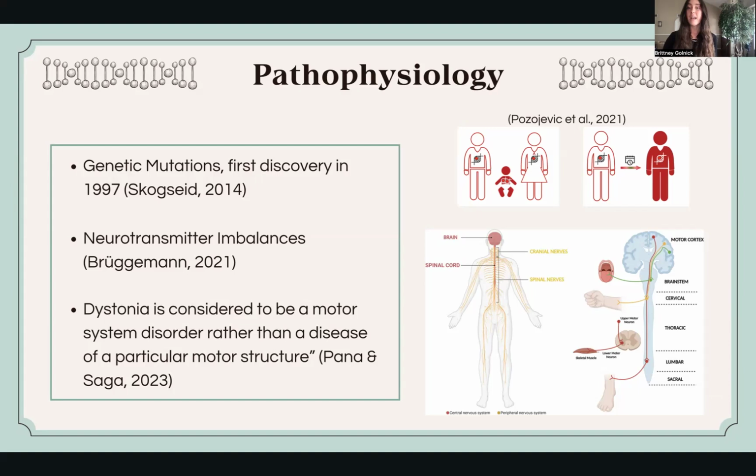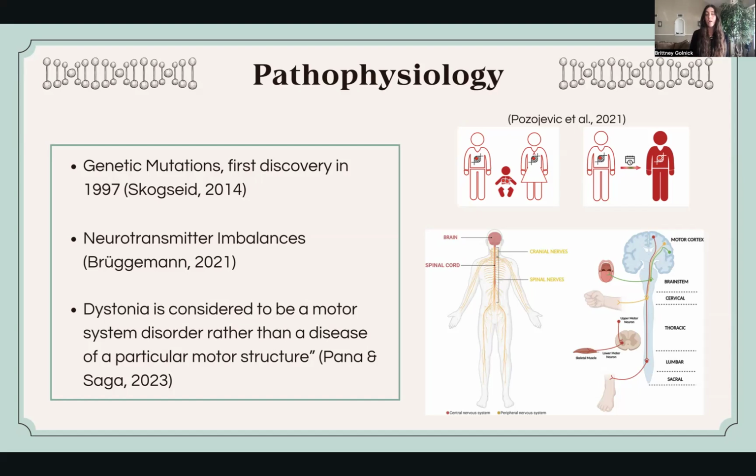And since then, there's been around 40 more genetic mutations that they have found, which has been really interesting because it shows that there's a lot of increased findings in gene mutations, which can really help with the treatment and the overall idea of what dystonia is and how it interacts in different individuals. And like I said before, there's also a lot of neurotransmitter imbalances.